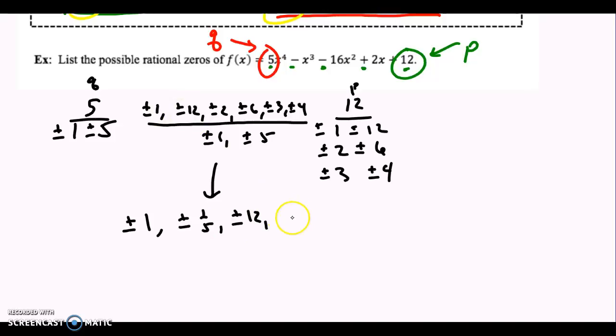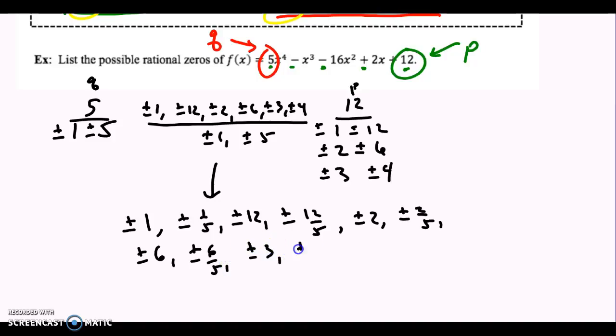I'm just listing out a whole bunch of combinations. I also get plus and minus 12 over 5. I get plus and minus 2 when I divide 2 divided by 1, and I get plus and minus 2 over 5. I hope you see the pattern now, so I'll just list out the rest without talking about it because you're probably tired of hearing me talk, and I'm talking right now anyway. And, oops, forgot one.